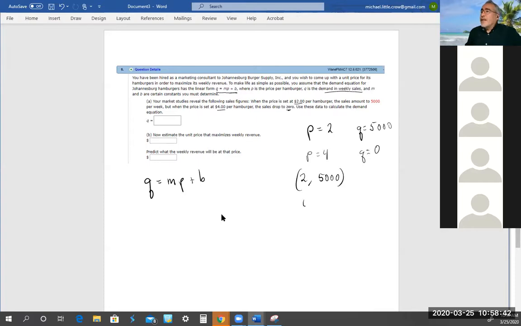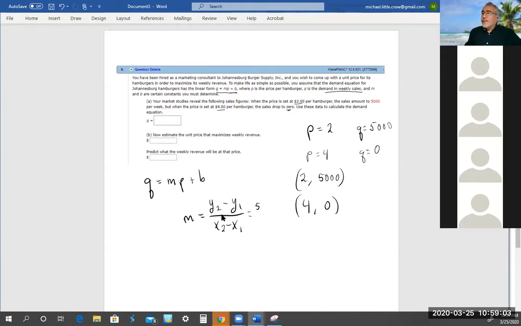2, 5,000, and 4, 0. So we can come up with this linear equation. The first part is to find the slope using the formula y2 minus y1 over x2 minus x1.